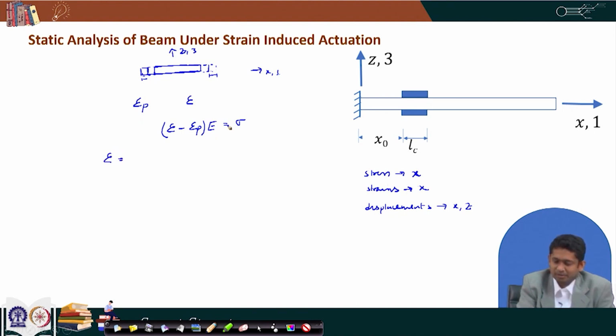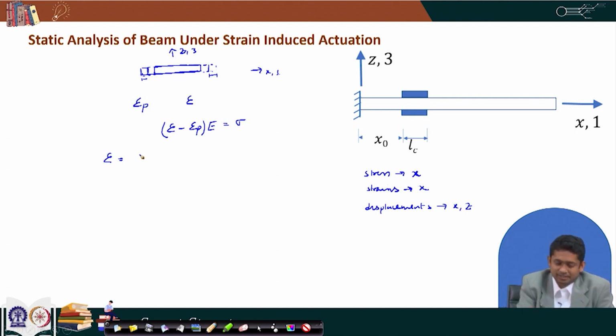Now here, because we have only one component of stress and one component of strain, we are not putting any subscript now. Only subscript p means it is free strain, other than that there is no subscript. Strain means it is normal strain in x direction, and stress means it is normal stress in x direction.